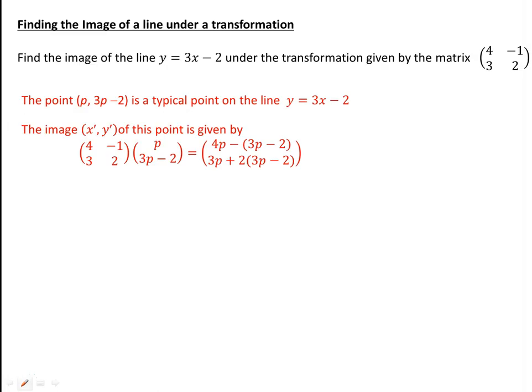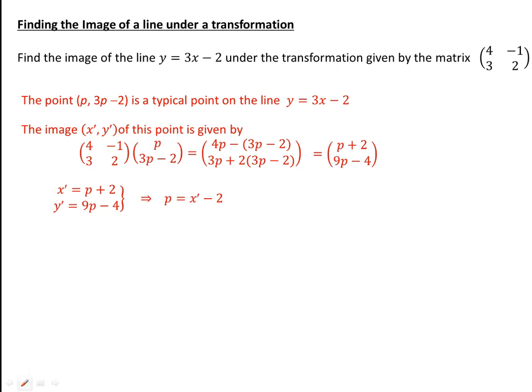Entry simplifies to 9p take away 4. So the image point is x dash, y dash, where x dash is p plus 2 and y dash is 9p minus 4.